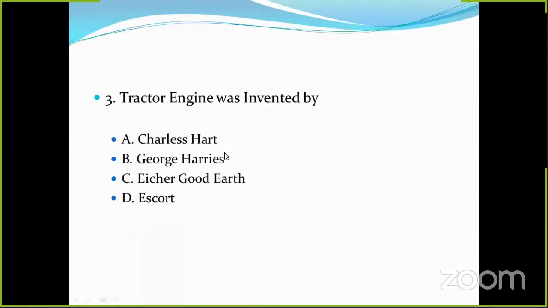Judge Harris. Vijay is correct. In India, the ICAR JRF company was the first company to introduce tractors, whereas Judge H. Harris first invented the tractor engine.